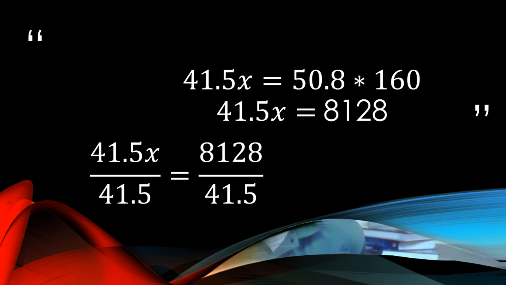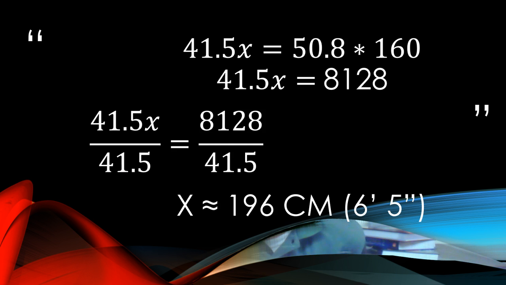I divide both sides by 41.5. I'll give you a second to write that down. And then in my calculator, I just do that division. Of course, the 41.5 cancel, and I'm left with x equals 196. 196 is 6 foot 5.